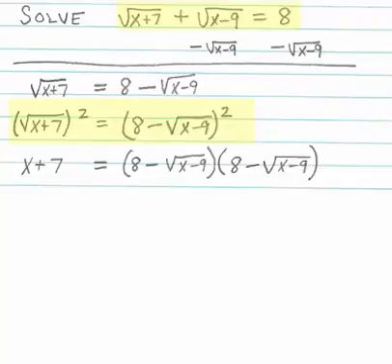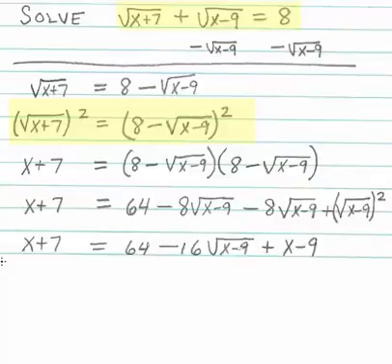The left side just turns into x plus 7 because when you square a square root, it cancels out the square root. On the right side, we have to FOIL out 8 minus the square root of x minus 9 times 8 minus the square root of x minus 9. So when you do that, you get 64 minus 8 square roots of x minus 9 minus another 8 square roots of x minus 9 plus the square root of x minus 9 quantity squared.